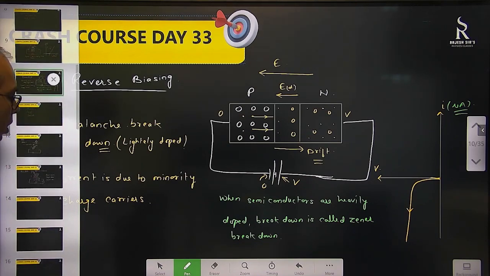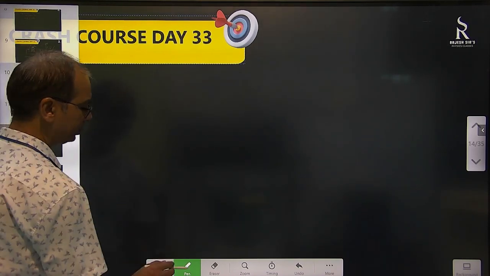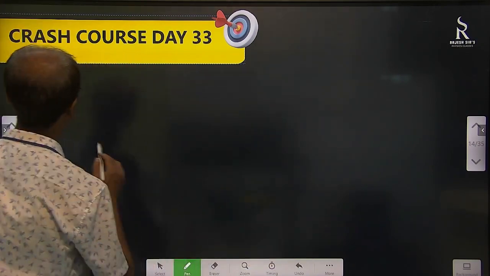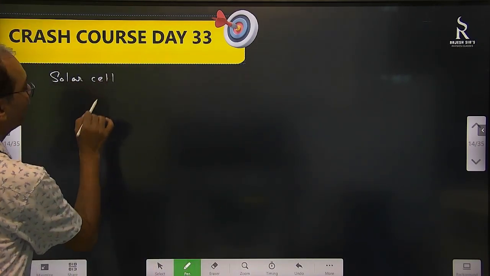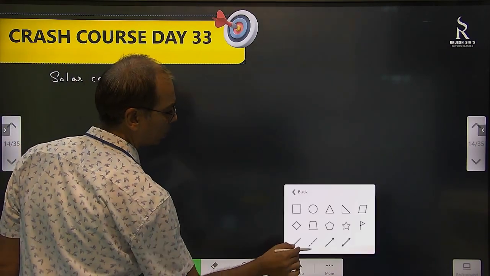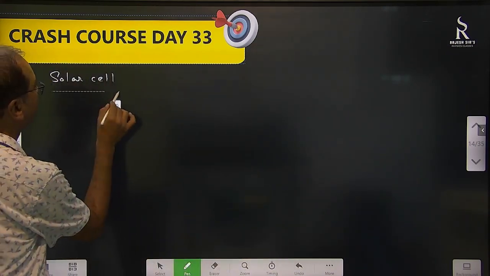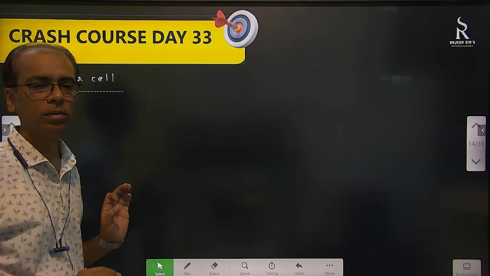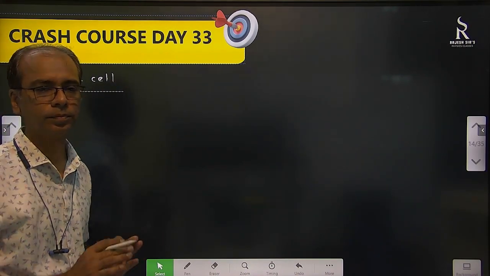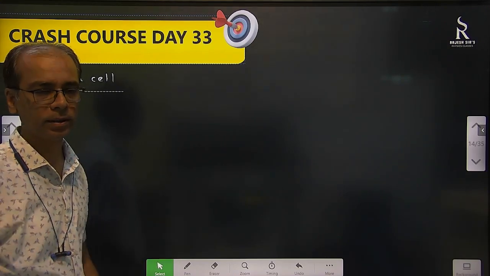Now what do we do in a solar cell? With the solar cell, we want to create a potential difference so that we can get current. So a solar cell obviously will not be biased. No forward biasing, no reverse biasing. Nothing is there.